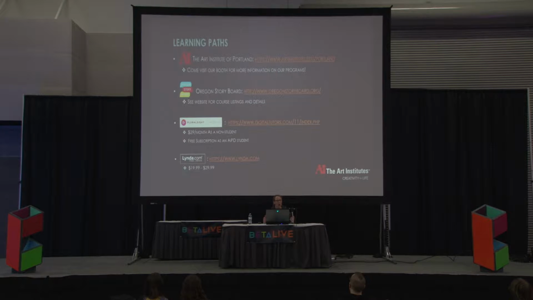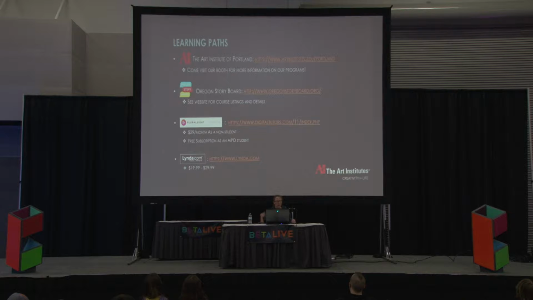And then you have some options that go online. Pluralsight, which is formerly Digital Tutors, is a really fantastic resource for students to jump on. There's a membership involved with it. It's about $29 a month for a non-student, but as an AI student, you have access to it for free, which is really fantastic. It's going to touch base on all of the software uses that you would potentially encounter, not only in the industry, but also if you were going through as a student in our program.